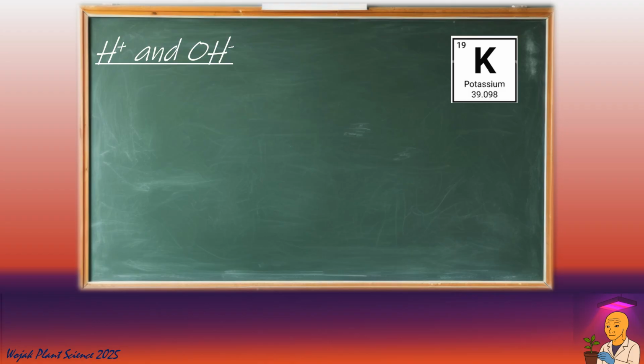Okay, now we need to talk about a base. In this case, potassium. So what we have here is potassium hydroxide. And in water, the potassium gives the OH minus its electron.